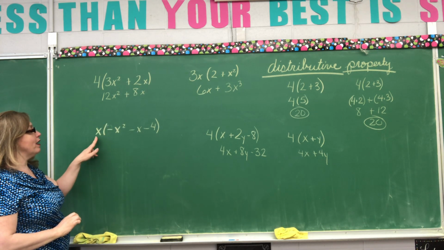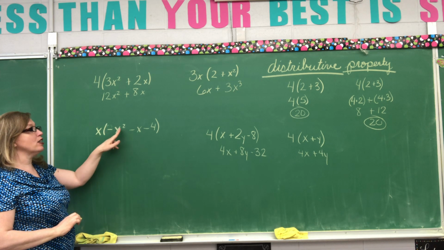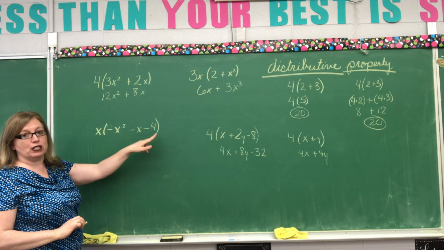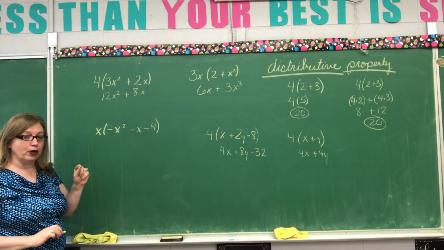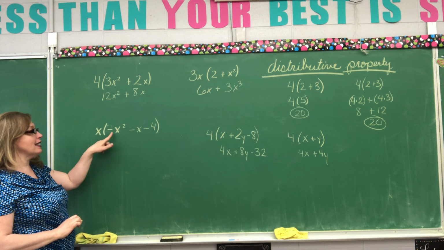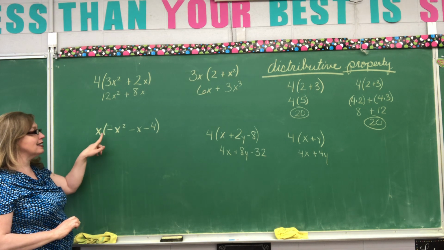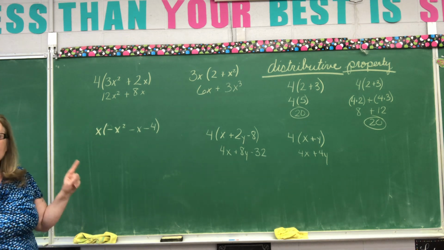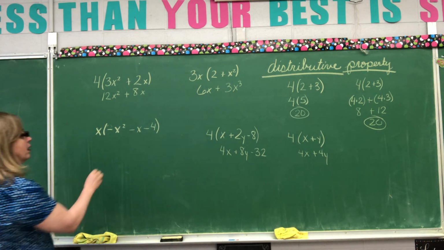Let's go down here. We have x times (negative x squared minus x minus 4). So we have to think this through, okay? This x is outside the parentheses, with this negative sign, so we're going to say x times negative x squared, okay? And we're going to have what?